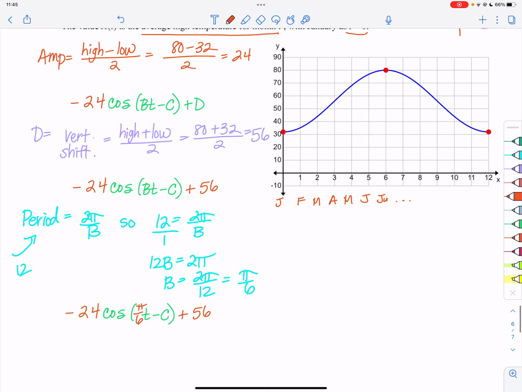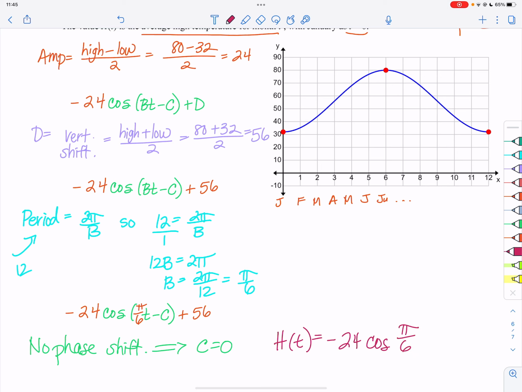So what about a phase shift? As you can see, there is no phase shift. So that means that c is equal to 0. So now what do we have? We can write that h of t is equal to negative 24 times the cosine of pi over 6 times t plus 56. And that concludes this section.